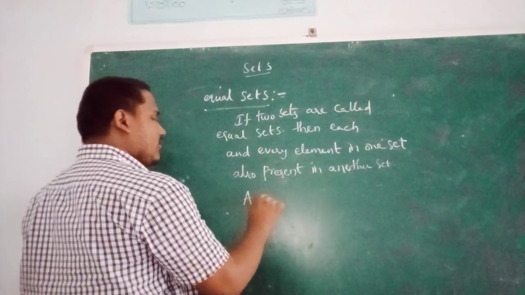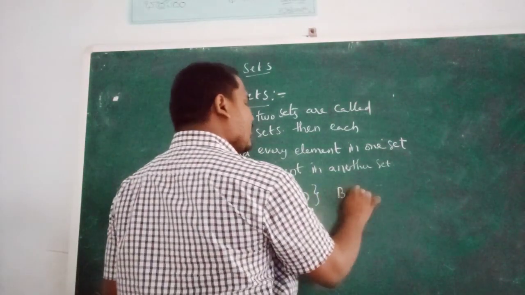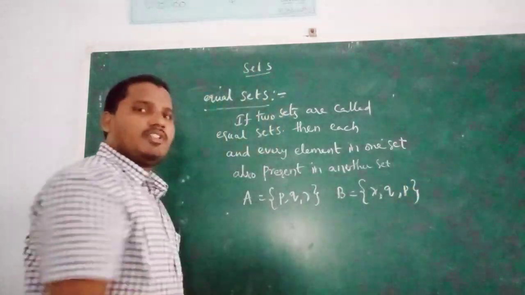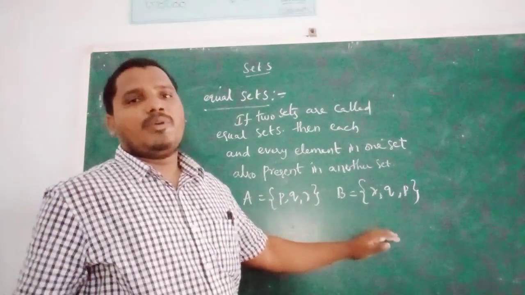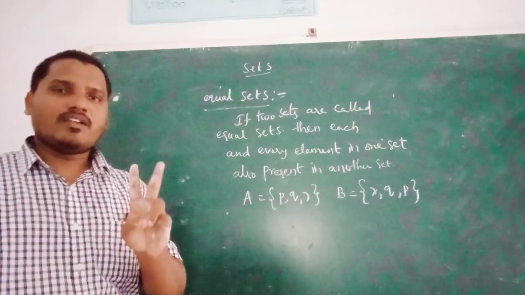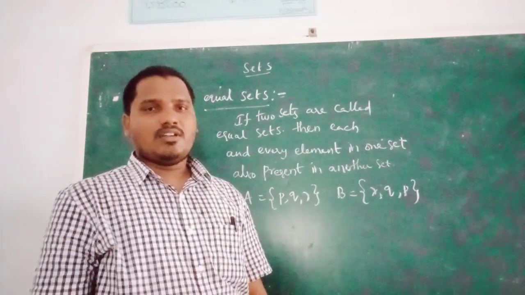Suppose A is equal to the set of P, Q, R, and B is equal to the set of R, Q, P. Here, irrespective of order, you can say that A and B are two equal sets.